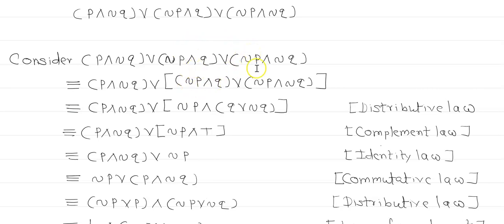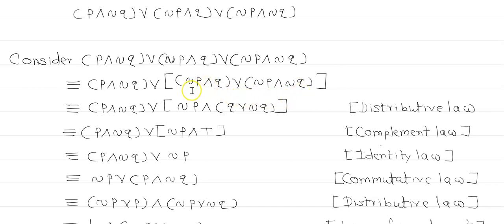We will collect these two brackets, that is, in a square bracket, negation of P and (Q or negation of Q). Now see this here, negation of P is distributed over these two brackets by using the operation AND.